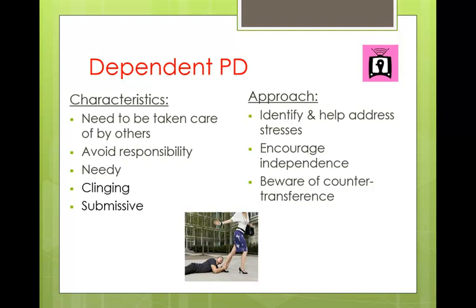So we want to have things put out there very clear right from the beginning, and what the consequences of the behavior is going to be, so that when it does happen, they cannot misconstrue it as being punished by us, okay? They're very clingy, so they will want to demand a lot of extra time from you. So again, making sure we have those clear limits set up ahead of time is very important.